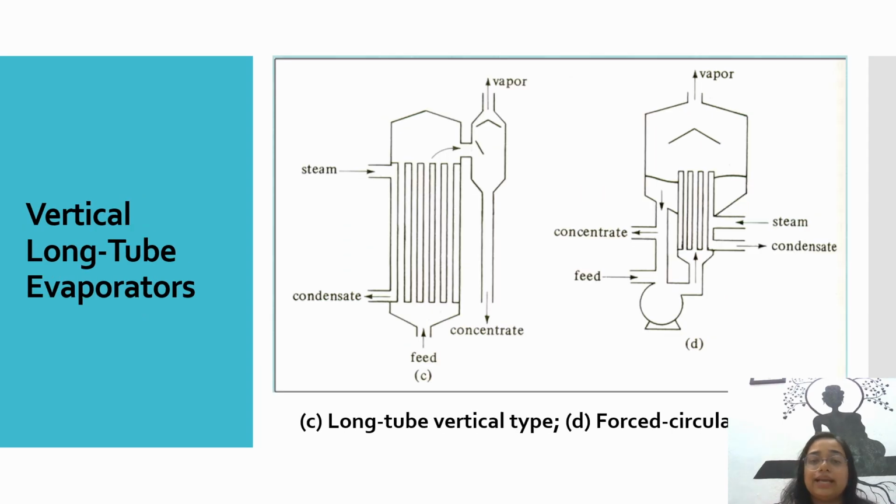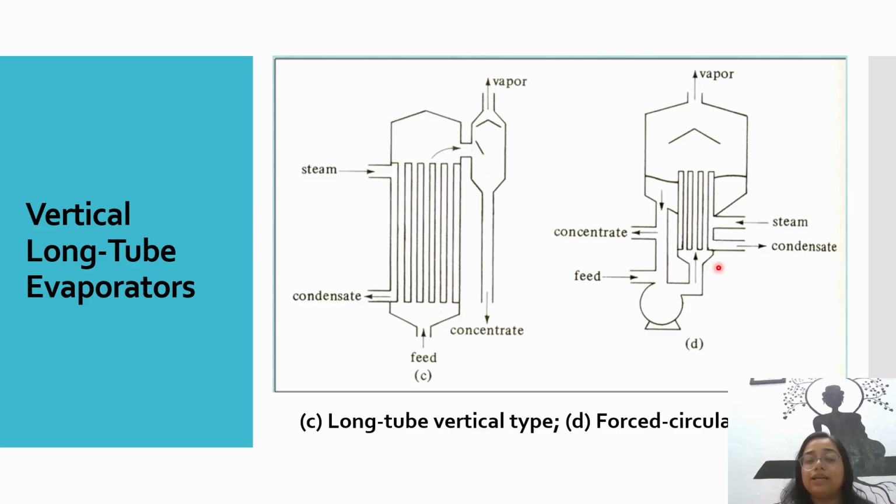Moving to the next slide, here we can see another two types of evaporators. These are the long tube vertical type, and another one is the forced circulation type. Here you can see these evaporator tubes are quite long. That's why we are categorizing them as long tube vertical type evaporators. Whereas in this figure, the main difference is that here we are force circulating the feed.